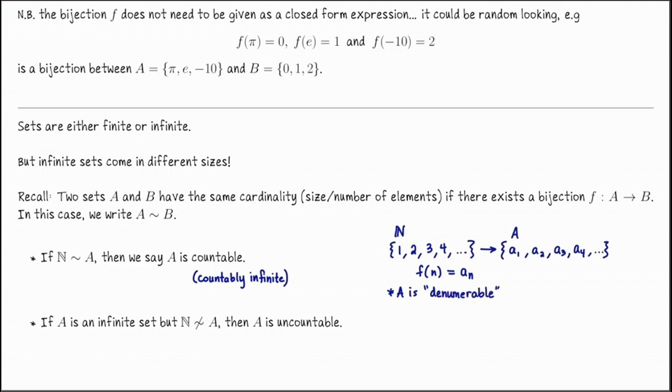On the other hand, if you're looking at an infinite set which is uncountable, then you cannot even begin to list out the elements in any kind of meaningful way. So I couldn't sit in a rocking chair for the rest of my life and have any sort of clever approach to stringing out the elements in an uncountable set. Because if I could say, well, the first element is this, the second element is that, the third element is such and such, then that itself would be a bijection with the natural numbers.